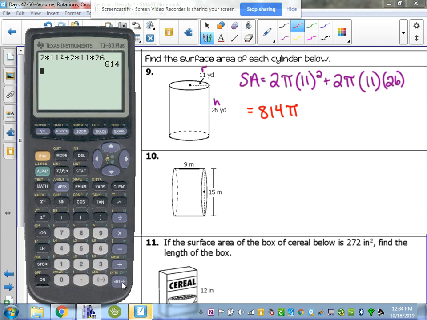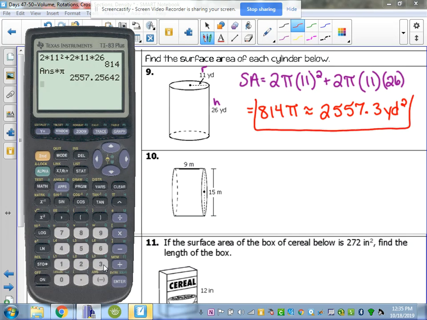I put everything but the pi's. So that's in terms of pi. But if the answer is a decimal approximation, you do multiply the 814 times the pi. So 2,557.3 square yards, because we're still talking about area, so it's still squared.